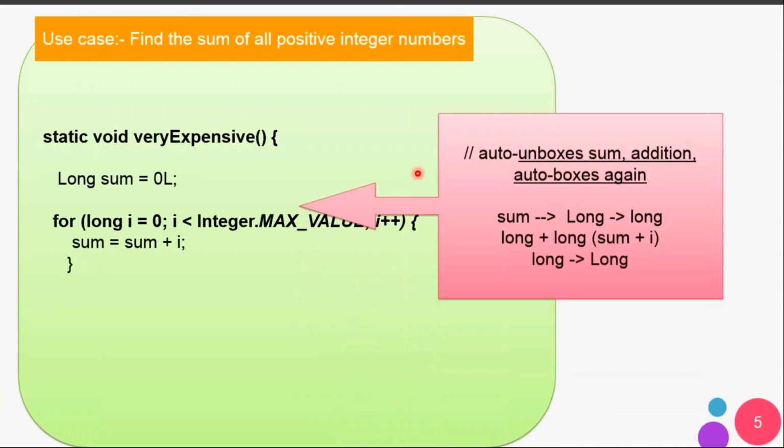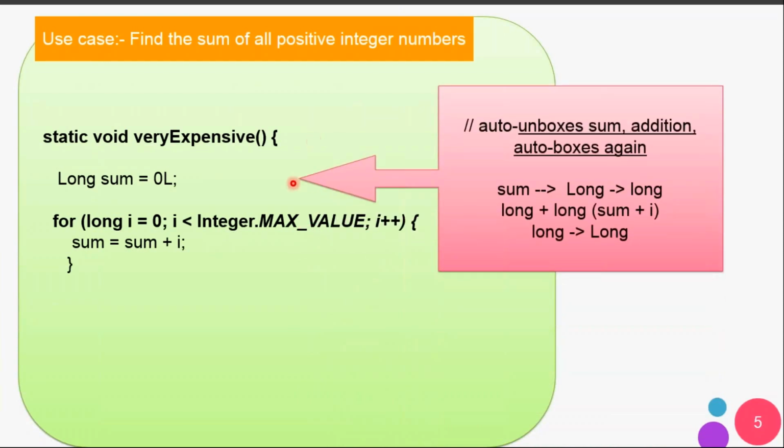So here is the explanation of this program. If you look at this program carefully, at this line where I have written Long sum equals 0, that is the wrapper type, and my index value is of primitive type.